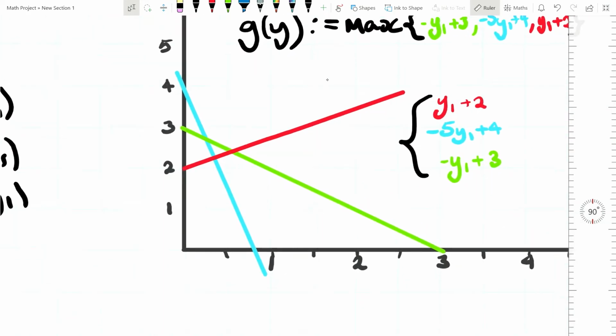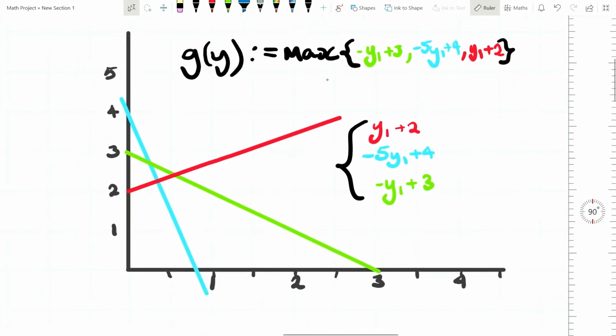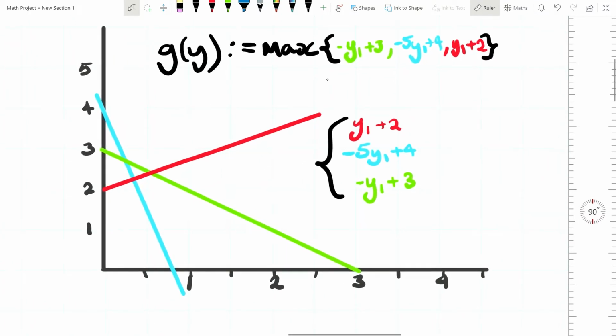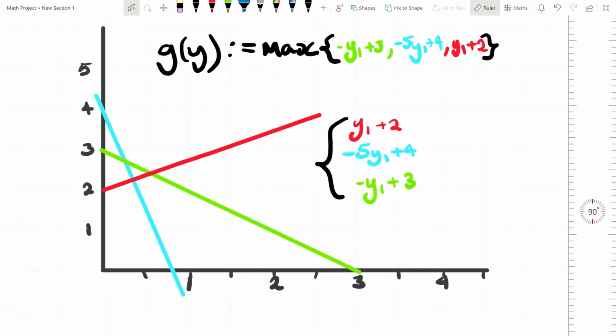And after we solved, I've gone ahead and graphed the answers already. So we've got negative y1 plus 3, negative 5y1 plus 4, and y1 plus 2. These are our three equations for our matrix, and I've graphed them up.